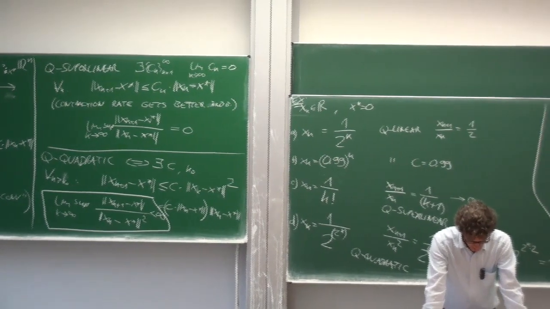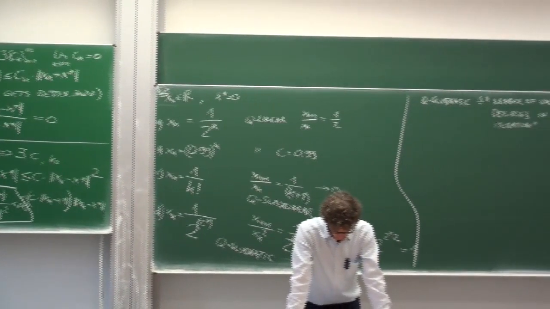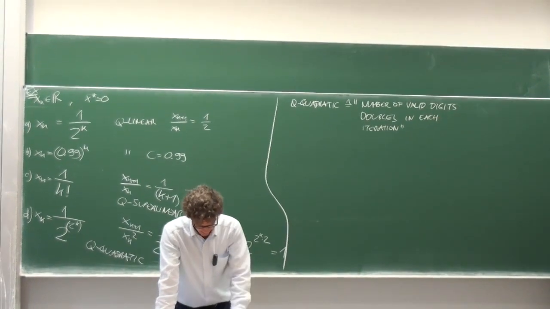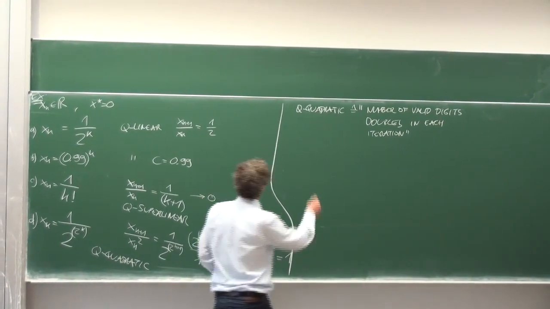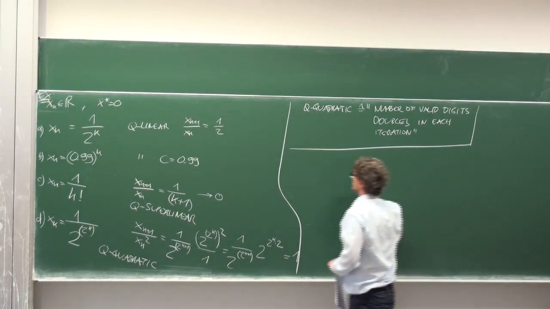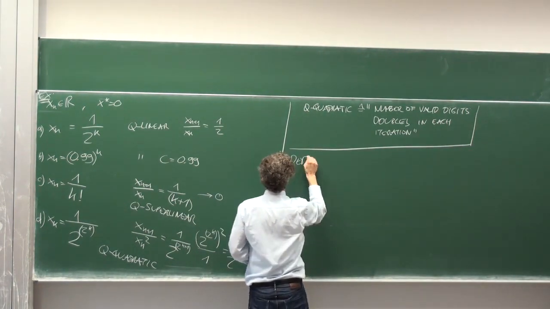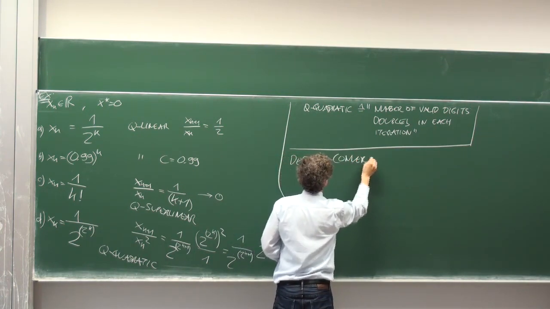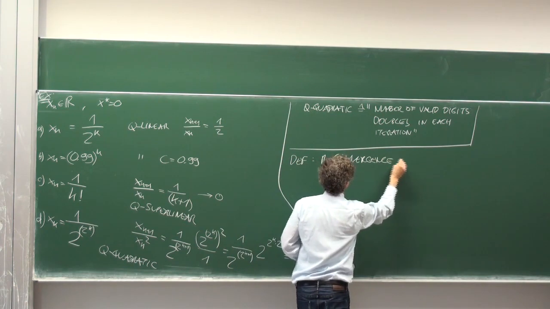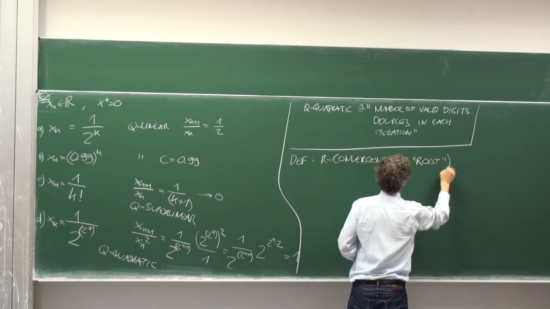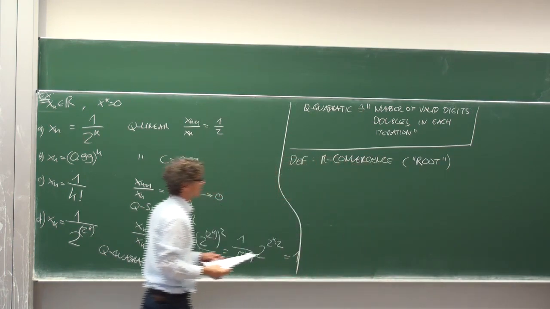So there is actually another definition which is a bit weaker, which I want to give you just for completeness. And these are the R convergence rates. Historically, R comes from root.